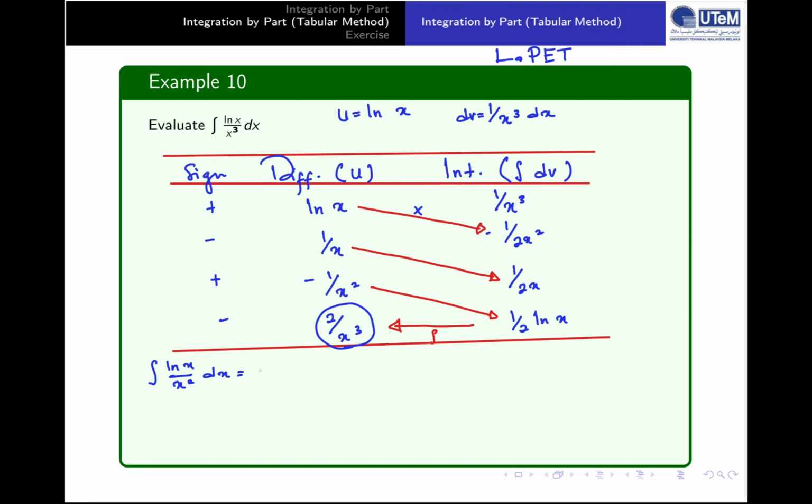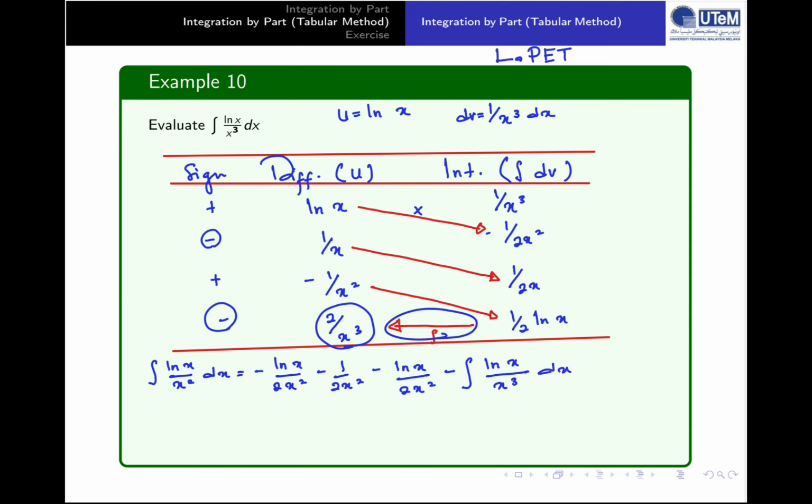So this one you can get negative ln x over 2x squared minus, since here is minus, okay, so you can get negative 1 over 2x squared, and then minus ln x over 2x squared, and then the last one, since the arrow is here, okay, so this one you must minus with, because here is minus, integrations of ln x over x cubed dx.